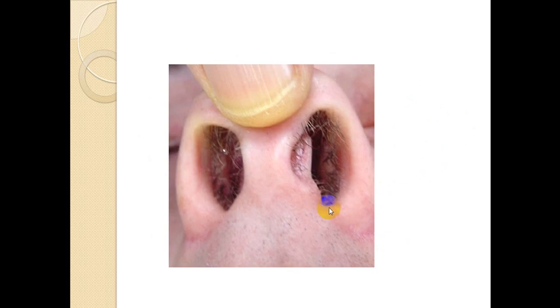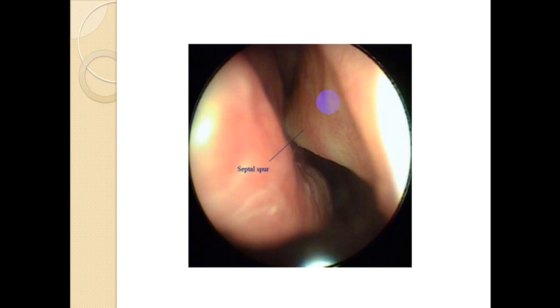This is the caudal dislocation of the septum, and this is the angulated deviation or septal spur.